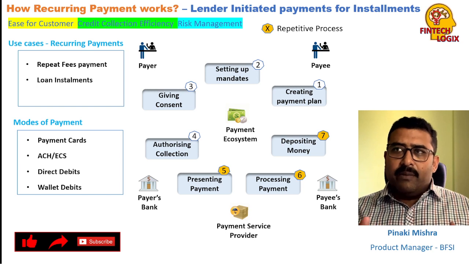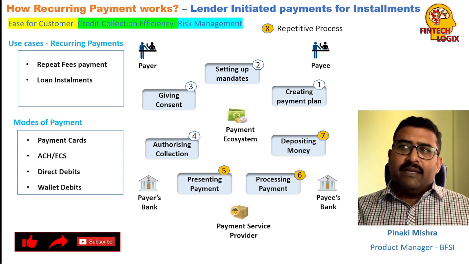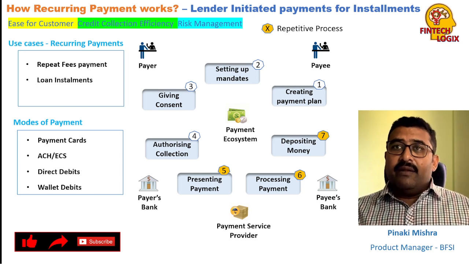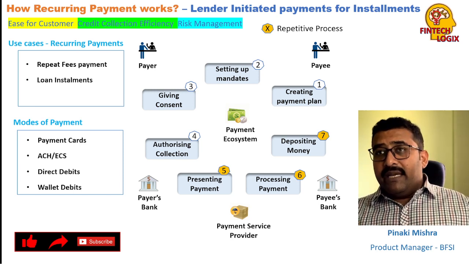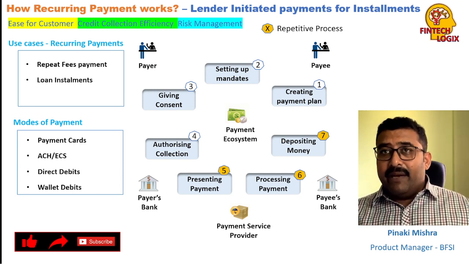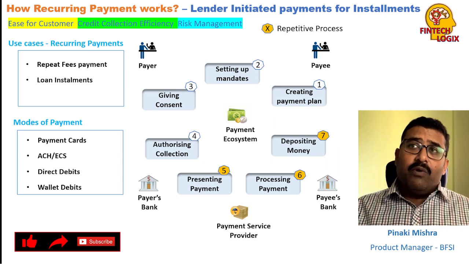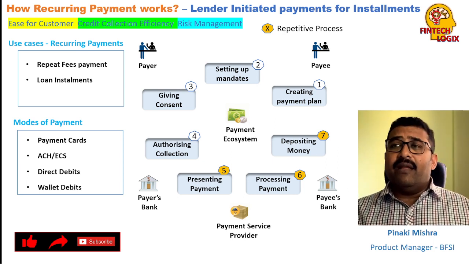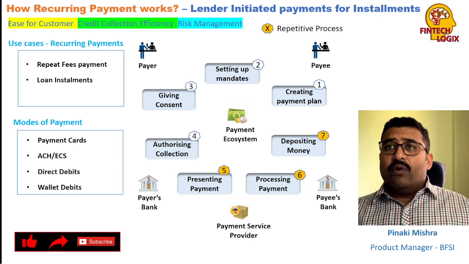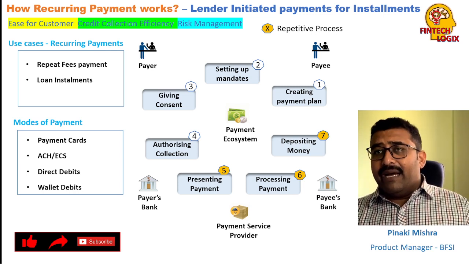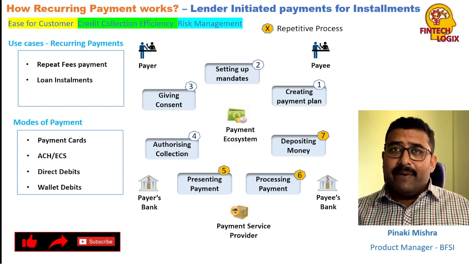The lender will present these at periodic intervals. The processing of payment happens by the borrower's bank in step number 6, and the money gets deposited in the lender's account. So steps 5, 6 and 7 are the processes which go on a repetitive basis.